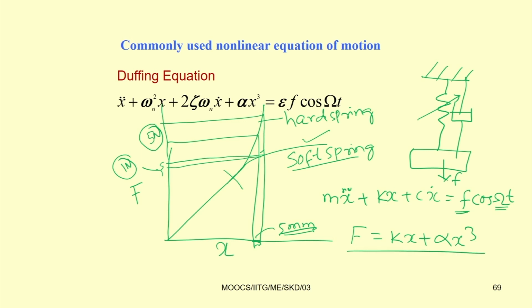So, the equation of motion, we can write k, alpha 1 x cube. The equation of motion will be m x double dot plus c x dot plus k x plus alpha 1 x cube equal to, for example, let me write this f equal to capital F cos omega t.